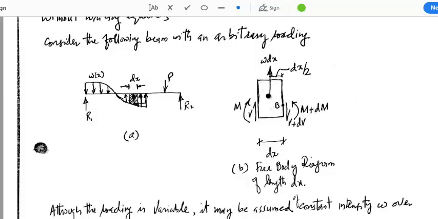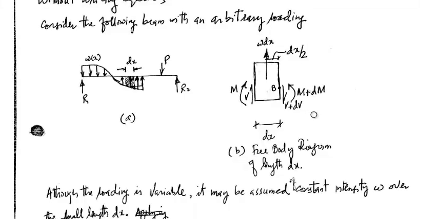We know that for any area load, if we want to calculate the resultant, we need to calculate the magnitude of the area, and that will give us the resultant of that area load. For this extremely small distance, we may take this inclined part as horizontal.